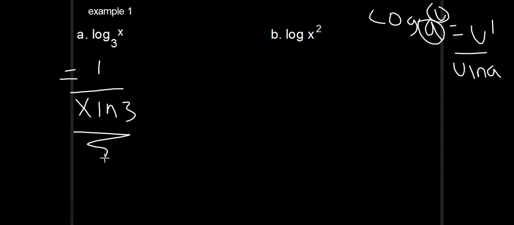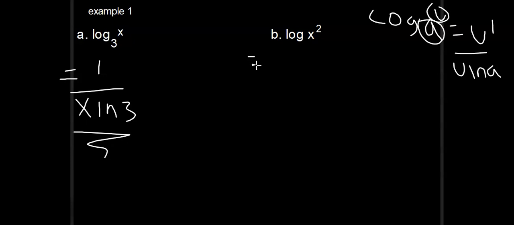Now let's do the second example, and I want you guys to stop the video and try the second one, since this is so easy. Now let's do it. When you come to the second example, it's the same procedure. All we have to do is use the formula. But with the second one, we don't have a. When you don't have a, you just have to use 10 as a.